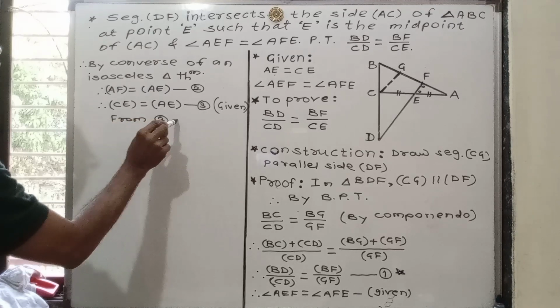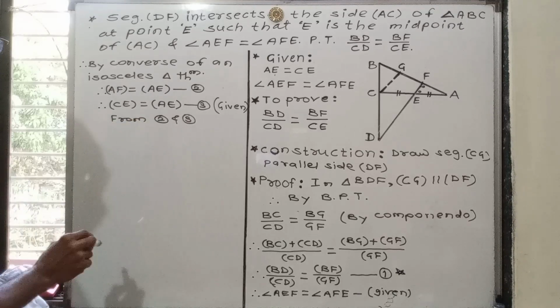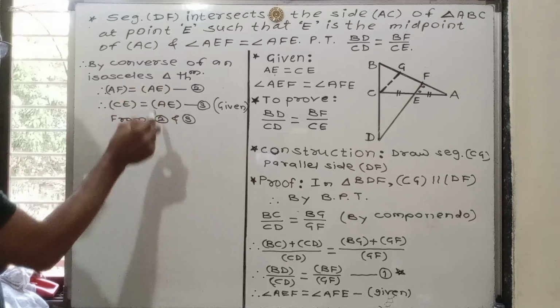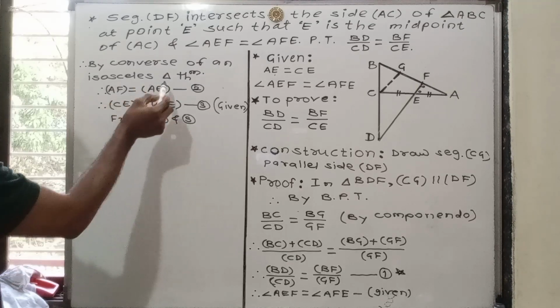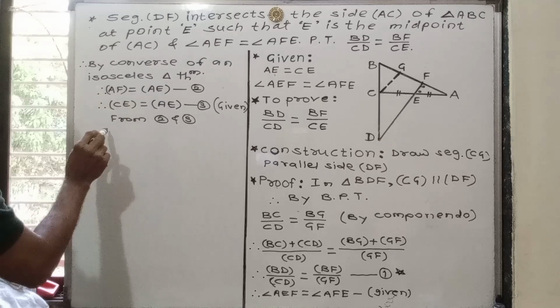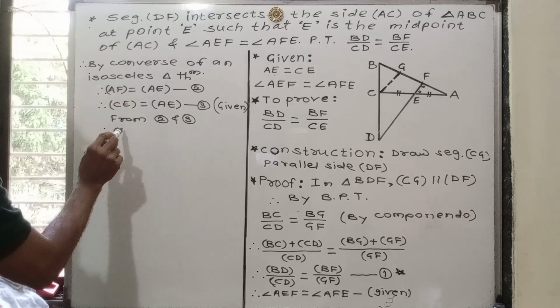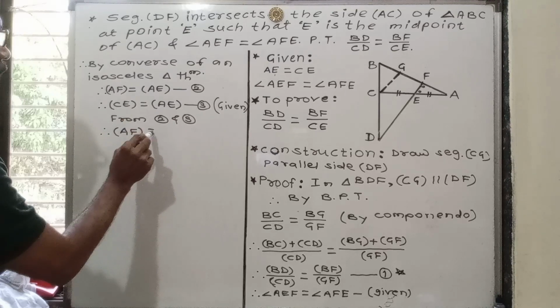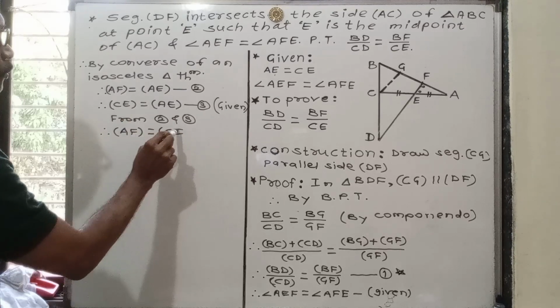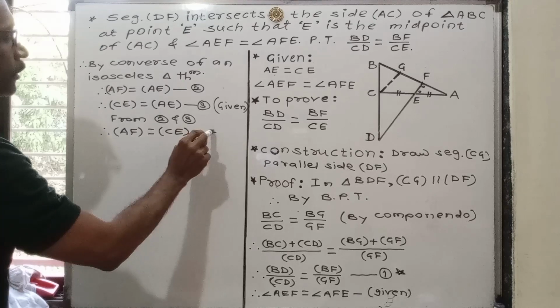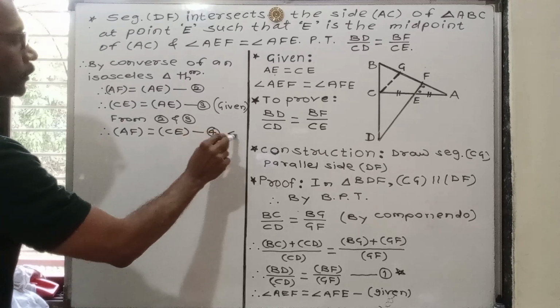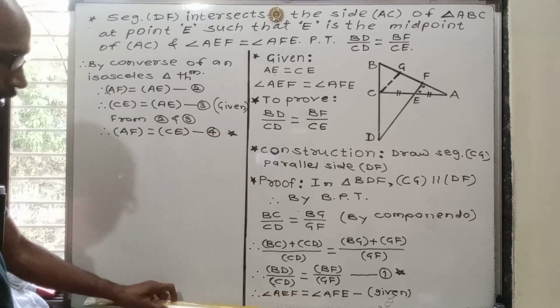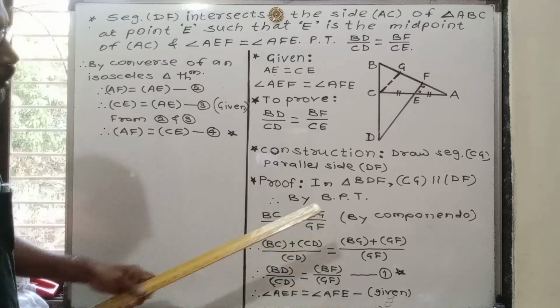From 2 and 3, LHS are same, RHS are same, so LHS are also same or equal. Therefore, AF is equal to CE. This is equation number 4. Very, very important equation.